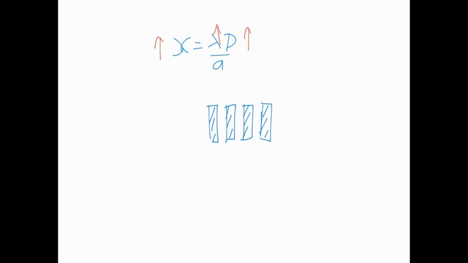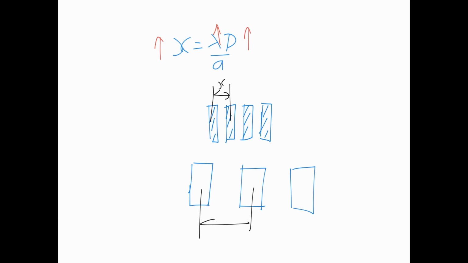So the X will be measured from here to here. Now if the X increases, automatically the fringes will get fatter. Then only your X will increase, because when the X increases, the separation between bright to bright will increase.